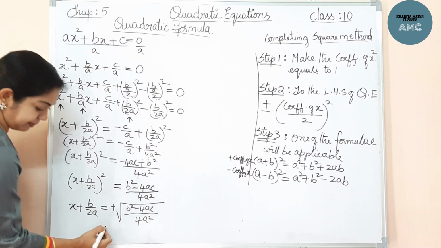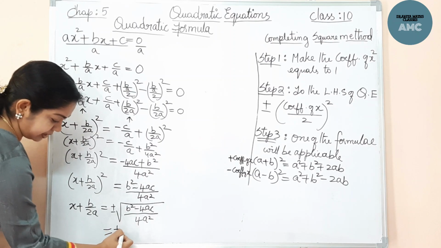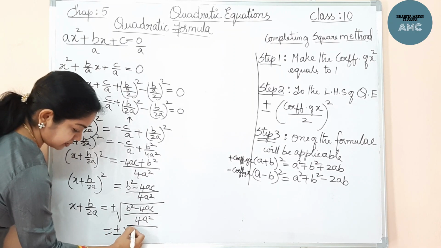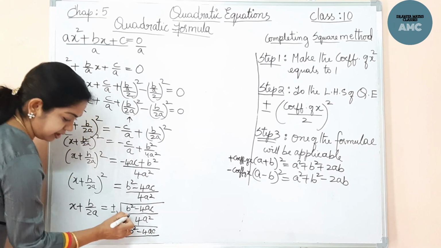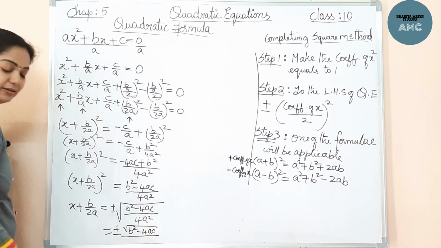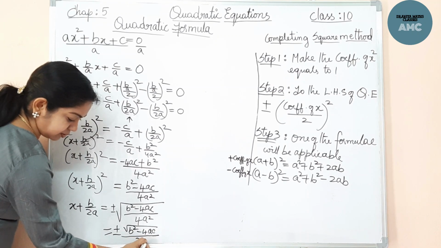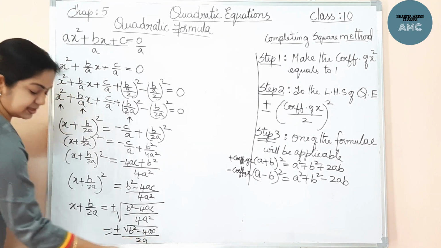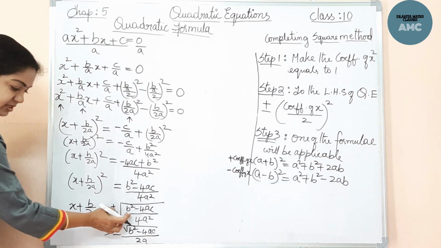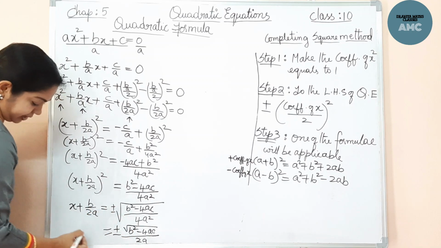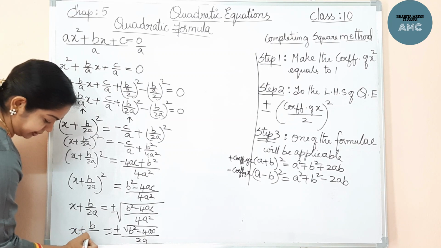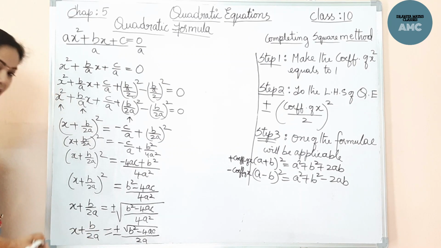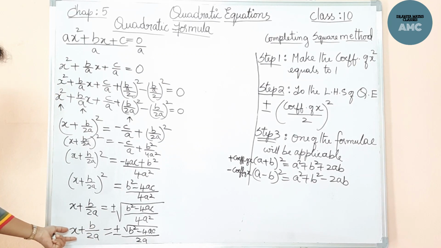So the numerator part is plus or minus root b square minus 4ac, by the square root of 4a square, which comes to 2a. Square root of 4 is 2, of a square is a. Here I have kept x plus b by 2a. I want just the x, which is our root.